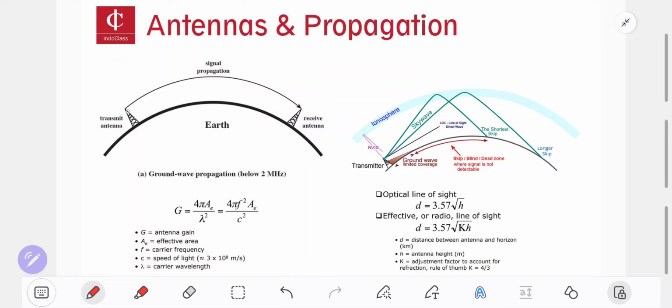Antenna is in here, and propagation is in this area. Propagation is the process of propagating a wave such as an electromagnetic wave, for example, a radio wave or light wave.